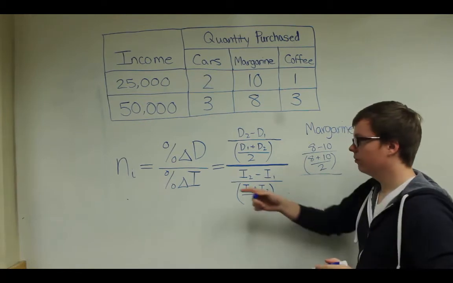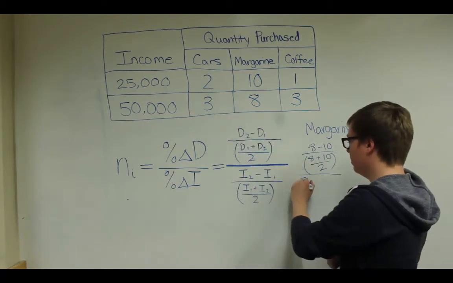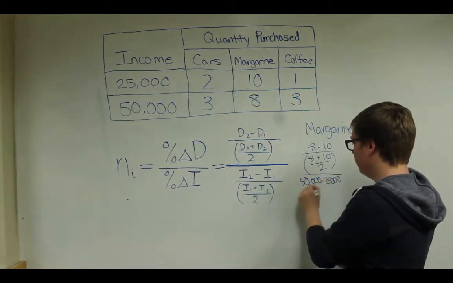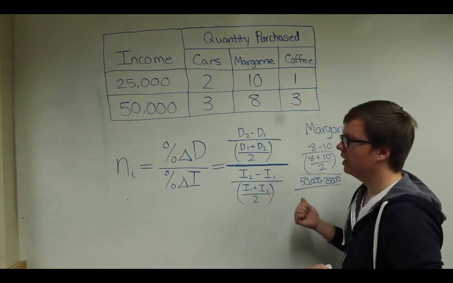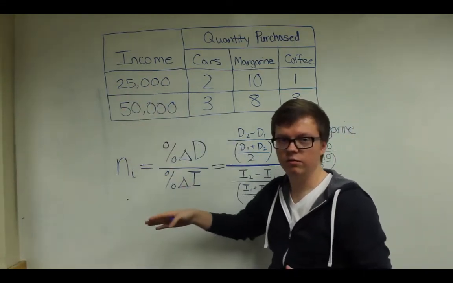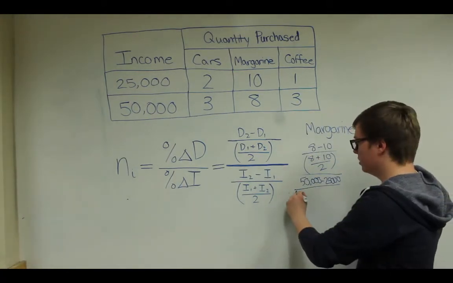Then on the bottom, we do the same thing with income. So 50,000 minus 25,000. And you can actually do the same thing, you can just do 50 and 25 because it's a percent change. It will work out the same, but I'll use the thousands.